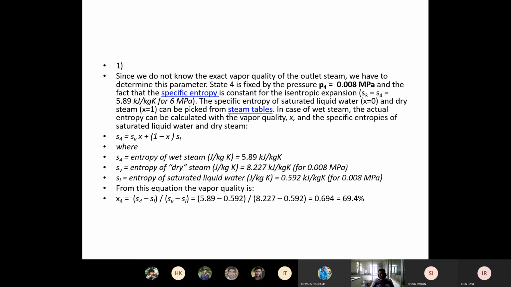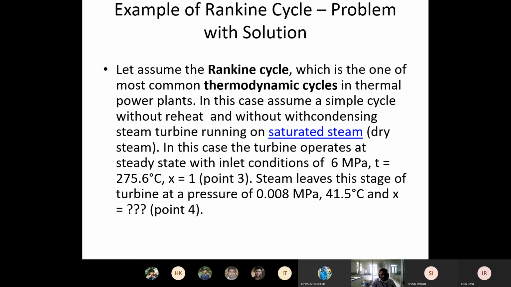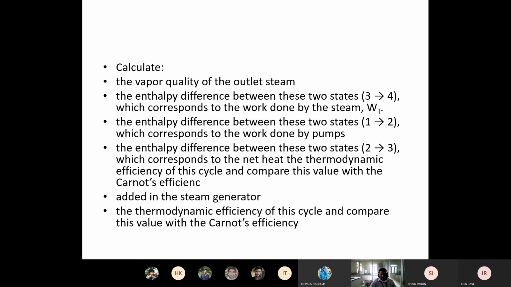What is the inlet pressure to the turbine? What is the inlet pressure given in the problem? Let us see. 6 megapascal is the inlet pressure.